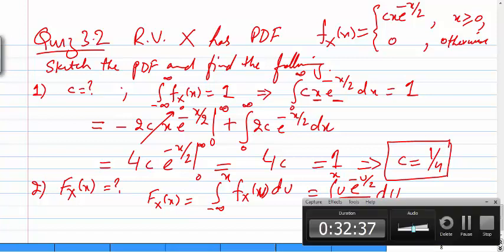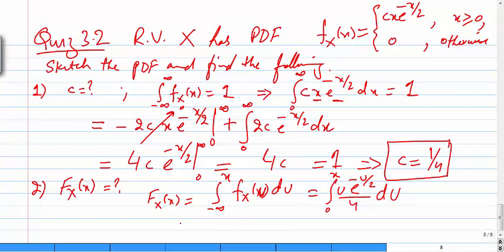So this is equal to minus u by 2 exponential minus u by 2 from 0 to x, minus, this is integration by parts, so you can do it, not a big deal. So it becomes minus 1 by 2 exponential minus u by 2 du.